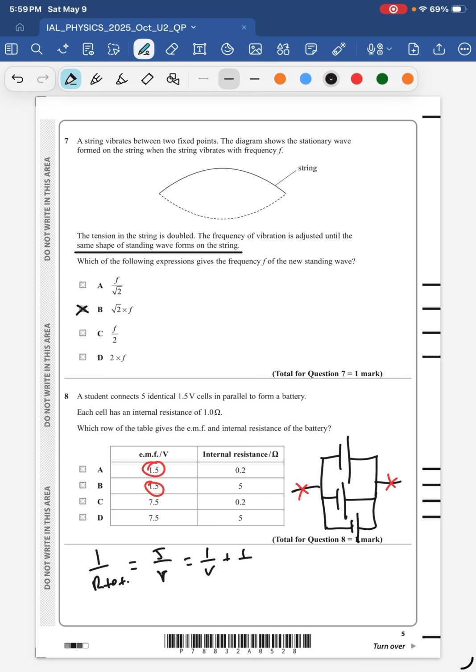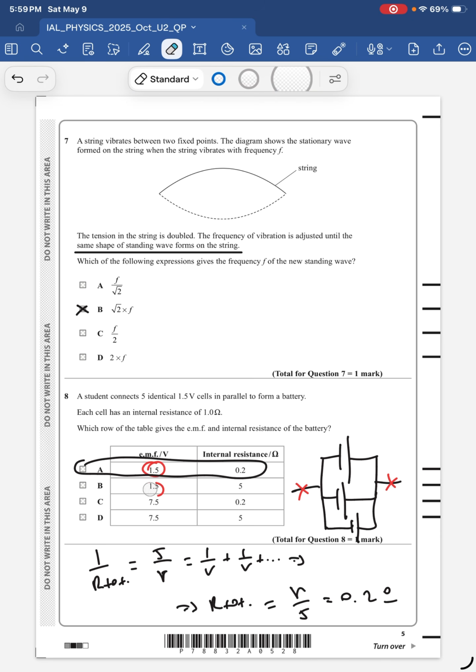This is 1 over R plus 1 over R, etc. So R total is going to be the internal resistance of one battery over 5, or 0.2 ohms. So the correct answer is A. Okay, and we can erase this one. This was question 8. So let's move on to question number 9.